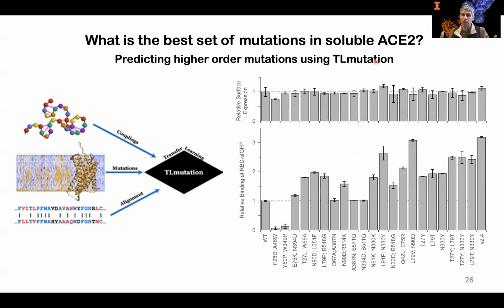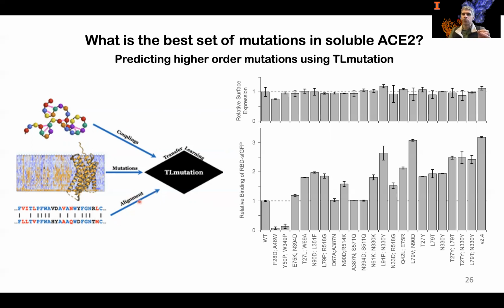We used human intuition. We've gone back using TL mutation from Diwakar Shukla's group. And TL mutation, the algorithm, uses one of these popular Potts models, which includes the couplings, the covariation between different residues of ACE2 homologs. And it also includes the single site variation.